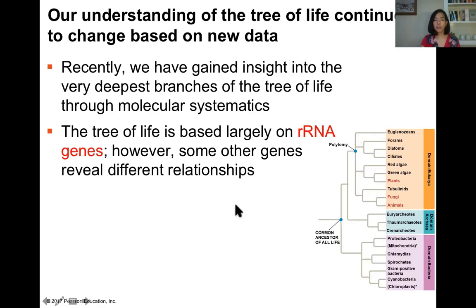When we use the ribosomal RNA to create this evolutionary history or the relationships among the domains, this is the type of phylogeny that we get with the 3 domains, as I mentioned before: the domains Eukarya, Archaea, and Bacteria. I want to introduce this concept of a polytomy. A polytomy is not a bifurcated tree.